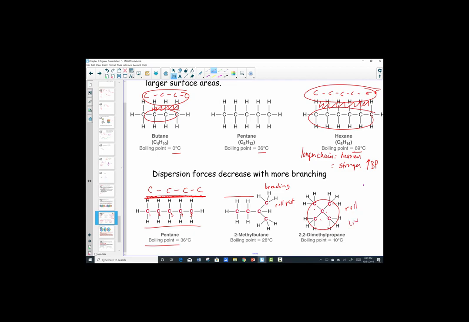So low dispersion forces with high branching, high dispersion forces with straight chains. And you can see the higher the intermolecular attraction, the higher the boiling point. Butane, pentane, hexane, all these straight chain carbons can interact with one another through this large surface area and not roll past each other with those balls at the end of their chains.